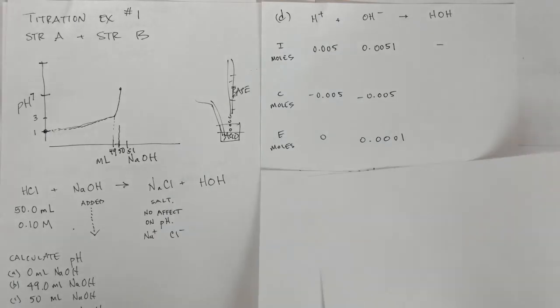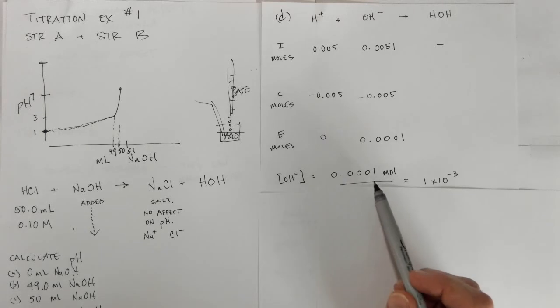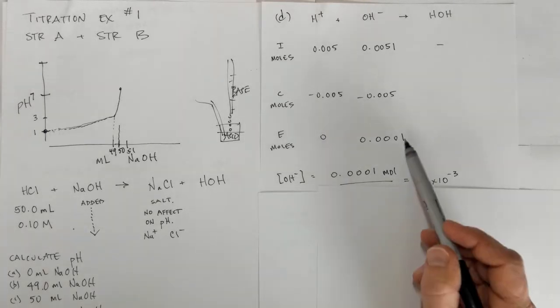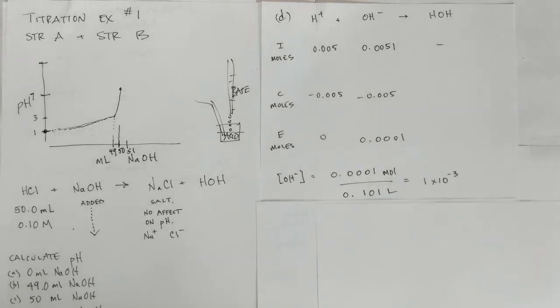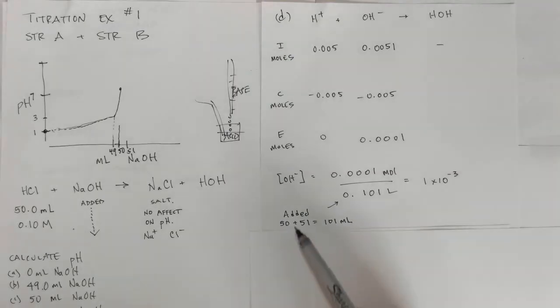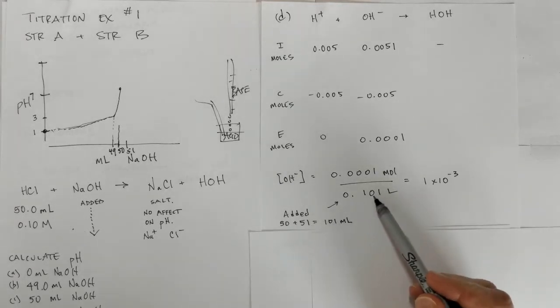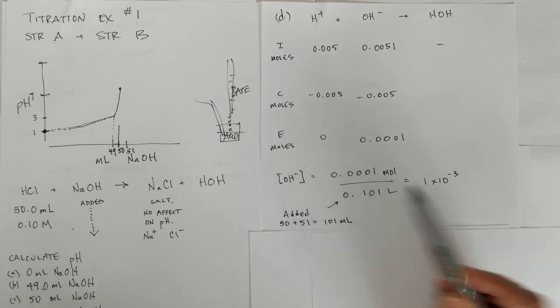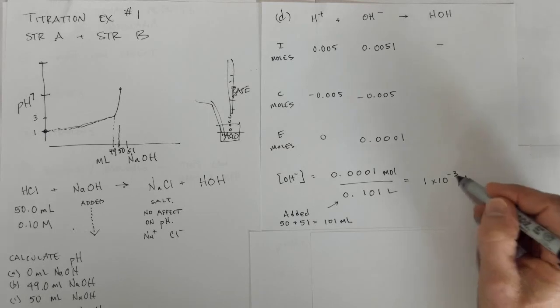And so now we could use this to find our concentration of OH minus in the solution. Remember, this is moles, and so I need to take my moles and divide it by my liters. And I have 50 milliliters plus 51 milliliters, or a total of 101, or 0.101 liters. Divide those two, and I end up with 1 times 10 to the negative third molar of the OH minus.